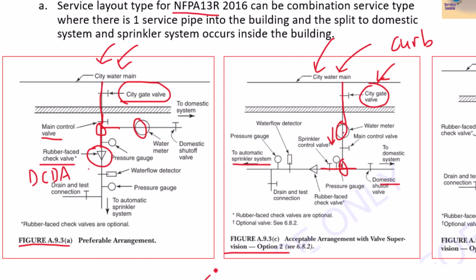If you have this type of figure here, where the branch off occurs downstream of the water meter, you could install a single check valve as long as it meets some other requirements in the New York City Building Code, Appendix Q. The water flow detector you see in this is basically a switch that is inside the pipe, and once it senses water flow, the switch is going to be triggered, which will then close contacts that can either be connected to a fire alarm system to alert people that the sprinkler system has been activated.